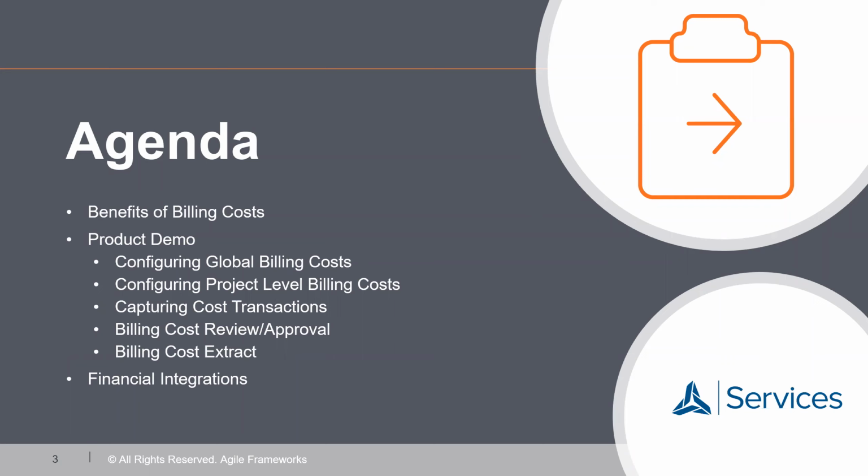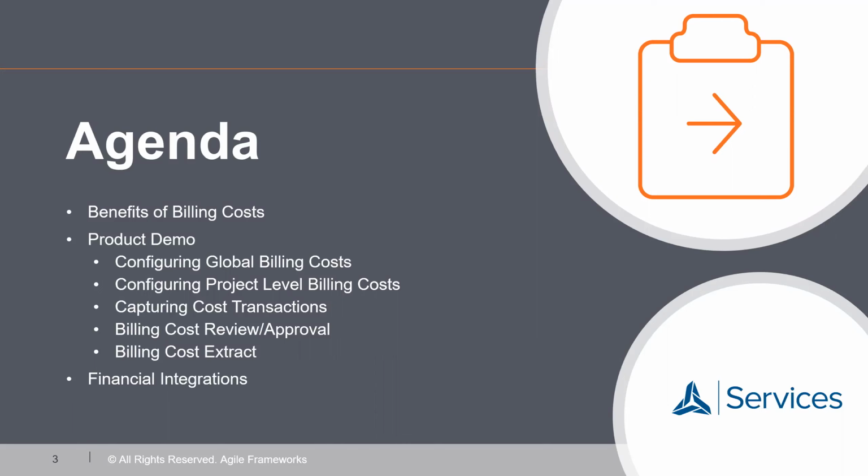Next, I will show you how costs can be configured within project specifications, so different billing methods and costs can be attributed to a project, which will override your global configurations. We will also go over the user interface within Field and LIMS to show how your end users will log these cost transactions.